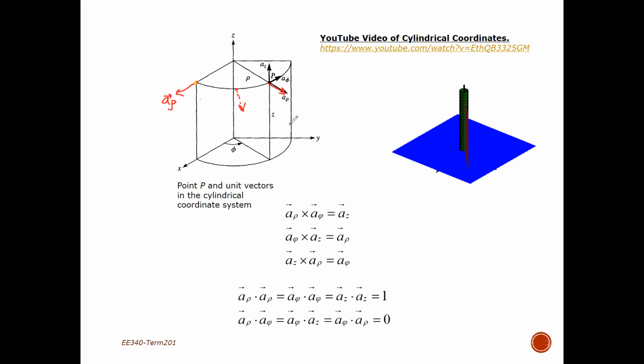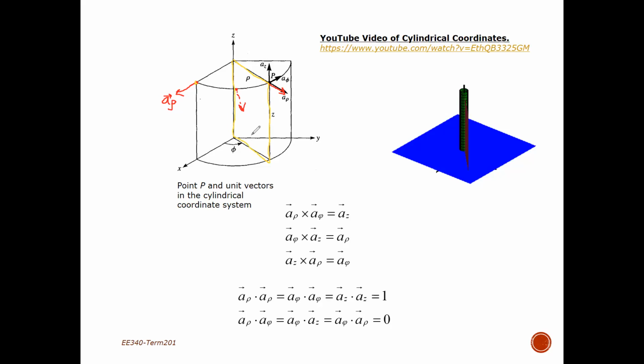Now, how is the a phi vector? The a phi vector should be perpendicular to this phi. What is this called? This is called a constant phi plane. So this is the rotating plane, and this is making an angle of phi here. Wherever you take a point on this plane, it will have a constant phi value.